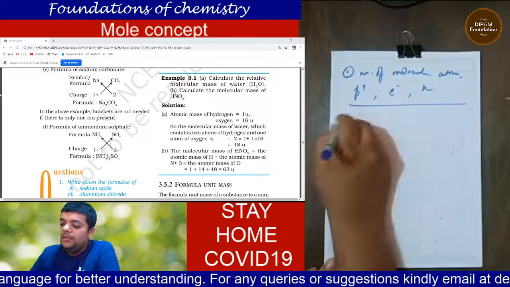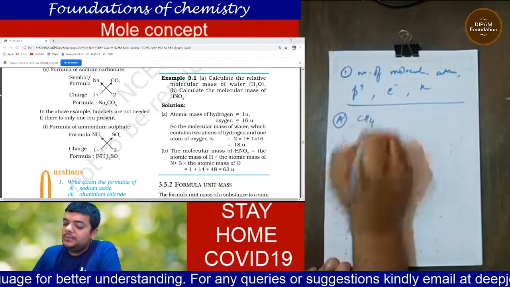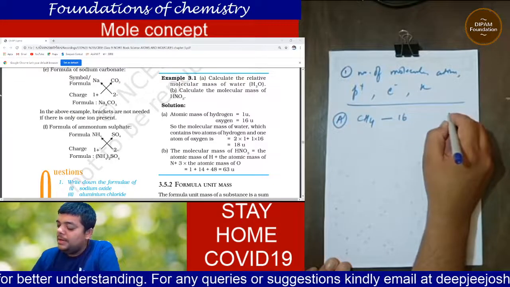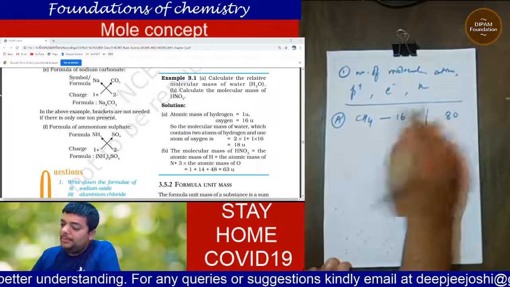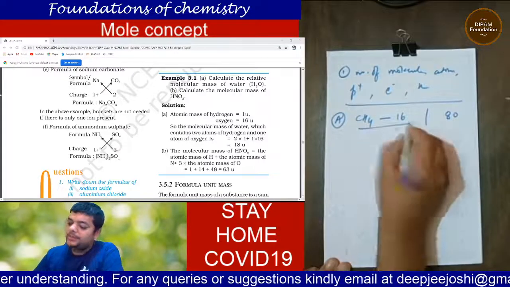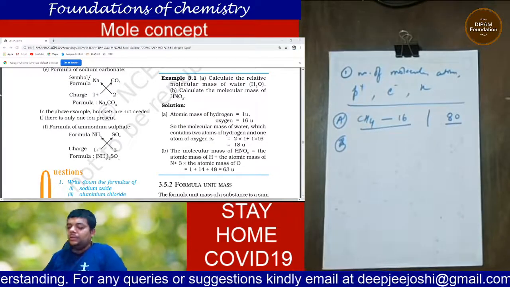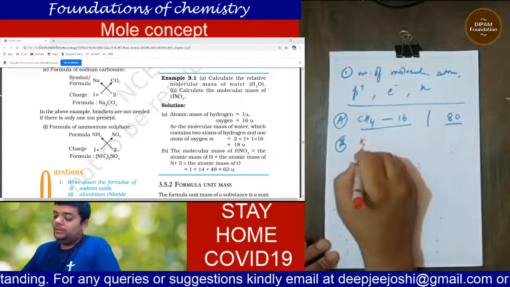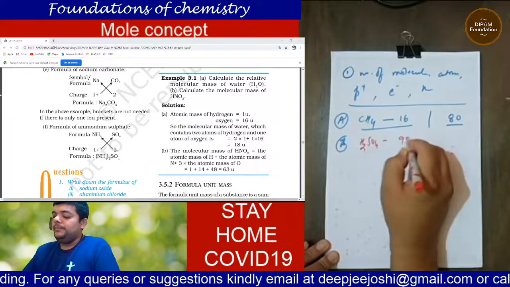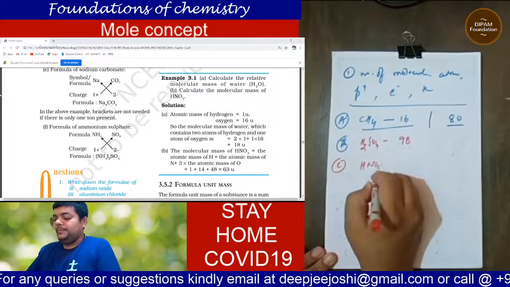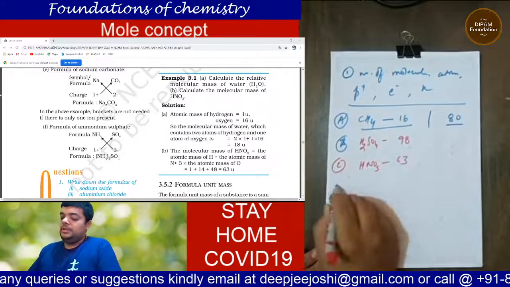All. For the first example, CH4, it will be 16 gram and 80 gram. I'm giving you two different questions. You calculate for 16 gram also and for 80 gram also. Number two, second question. You also calculate for H2SO4 98 gram. You calculate for HNO3 63 gram.